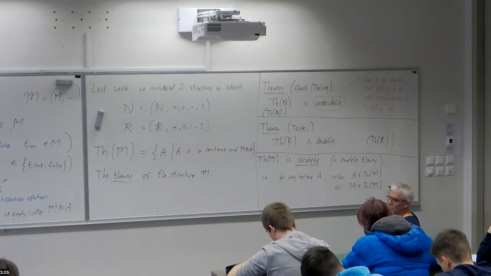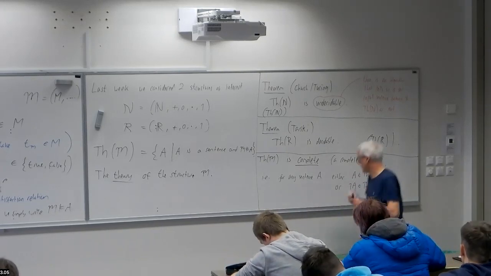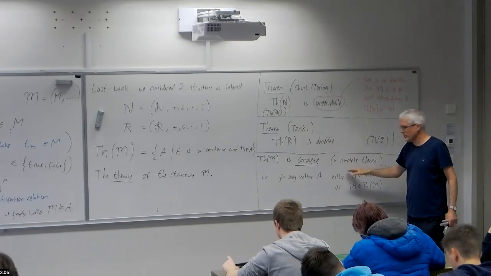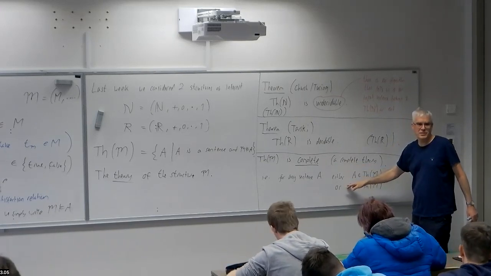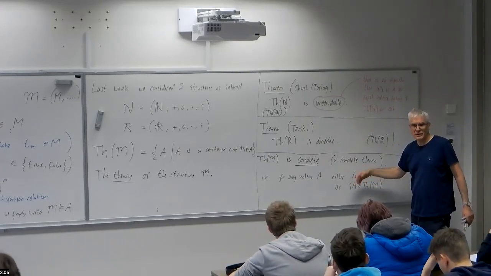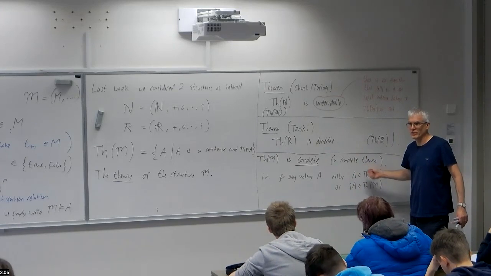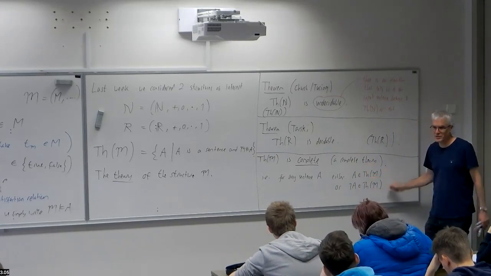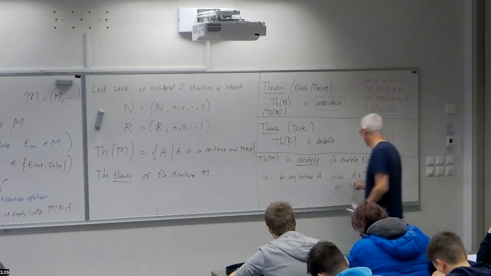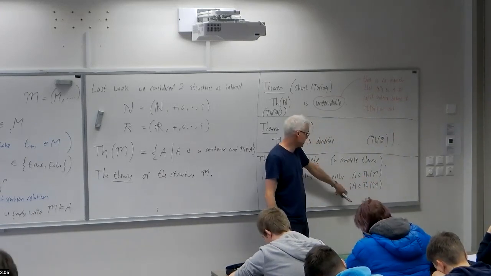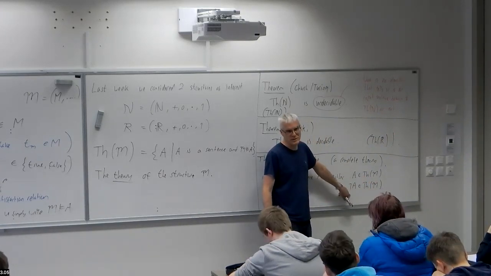And this is a really honest use of either-or in the English sense. Historically, either-or was supposed to be an exclusive or, only one of the two can hold. This is a case where it really is an exclusive or. One of these sentences is going to be in the theory, but only one of them.